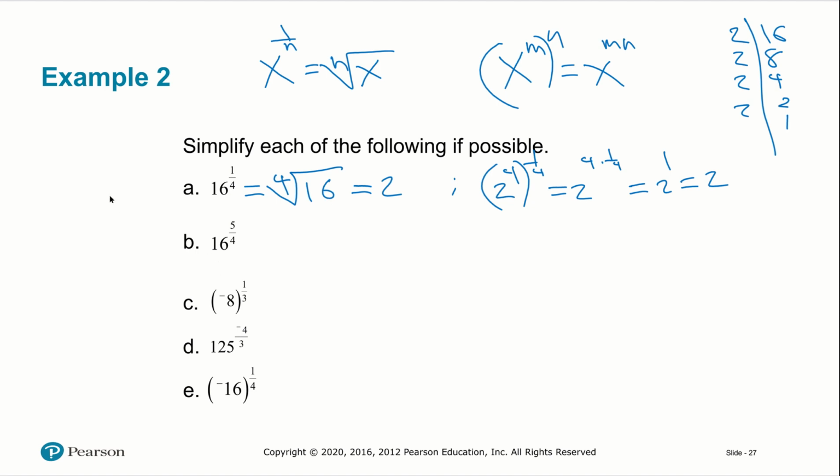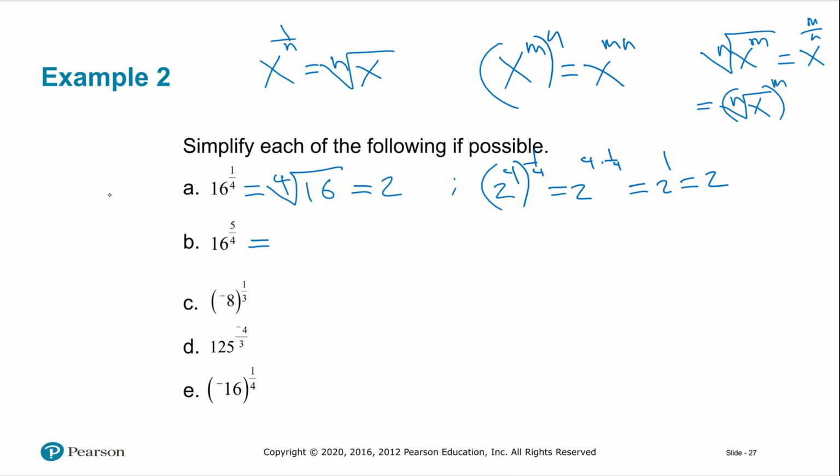How about this one? Now, I would like to handle this for you as a root, because remember we had the rule in the previous page that said the nth root of x to the m is equal to x to the m over n, right? And this in turn also was equal to taking the nth root first and then raising it to the power of m.